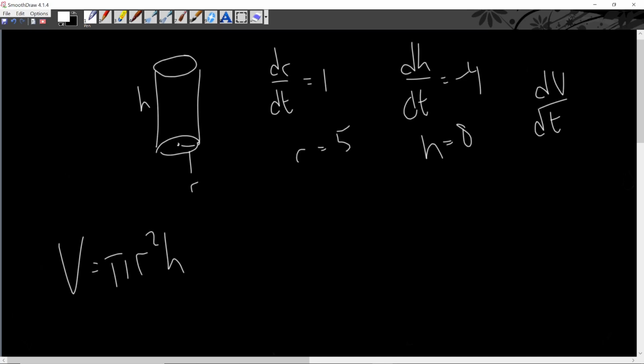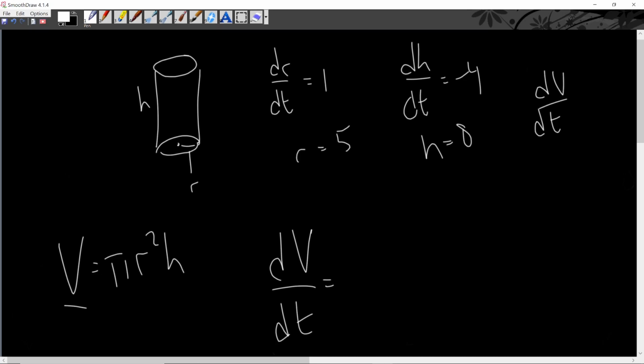But for dV/dt, we will have to not integrate, but differentiate with respect to t. So the derivative of V with respect to V will be 1, and you have to multiply that by dV/dt. Pi is a constant, not changed. For r squared, n is equal to 2, we can bring that out, and then 2 minus 1 is 1.